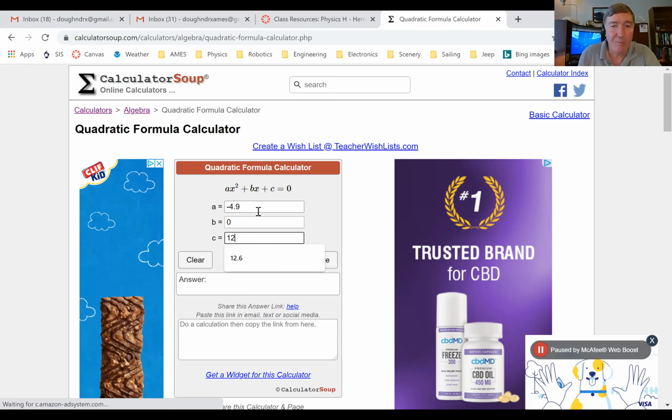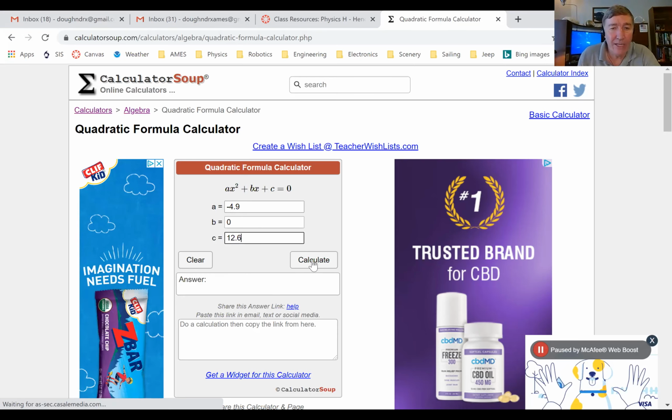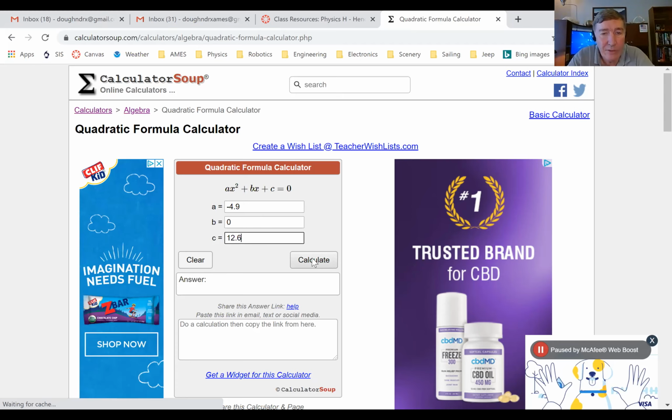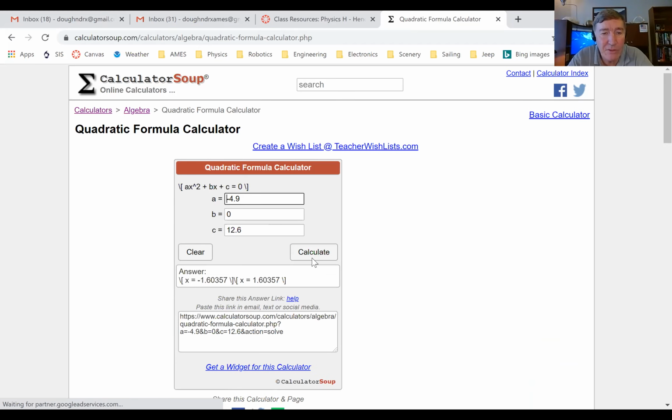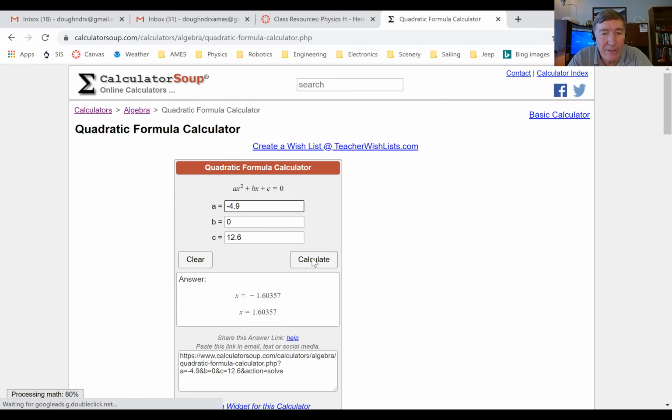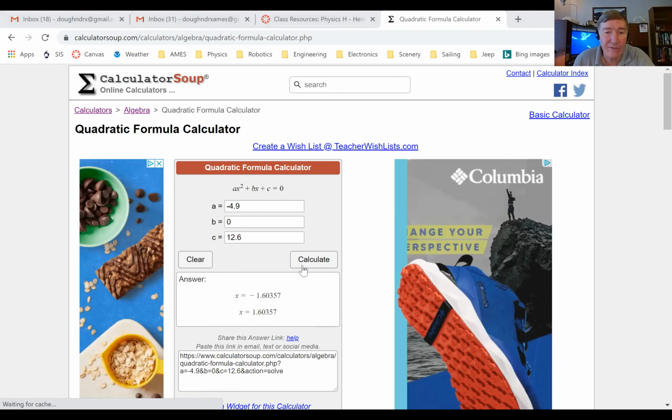And when we calculate it, we get 2 answers, but those 2 answers work out to be the same, except one of them is negative, but it's the same number. So you can see I very definitely could have solved that problem using the quadratic formula, but I didn't have to.